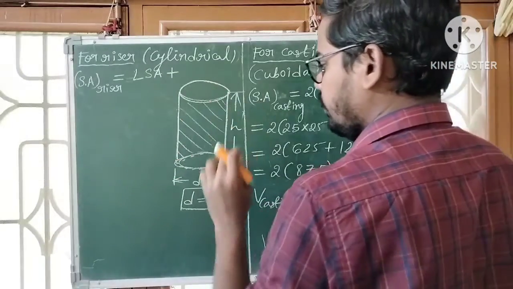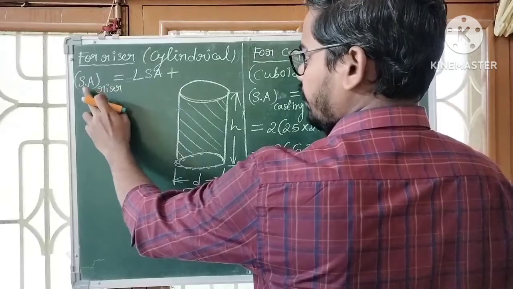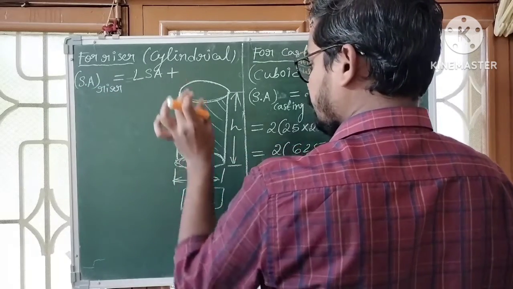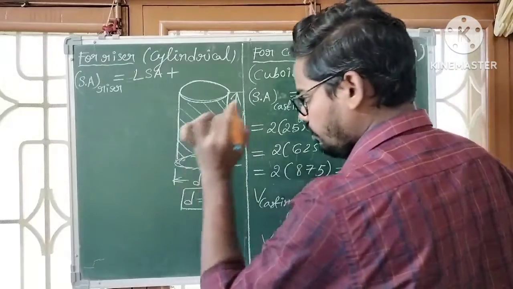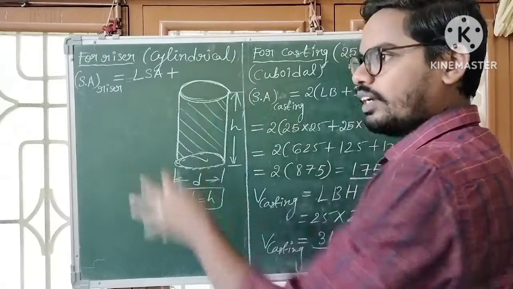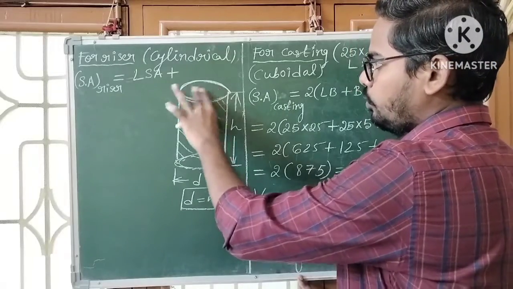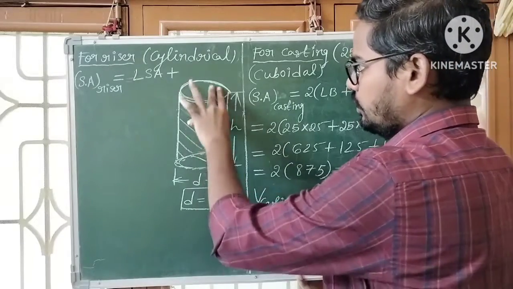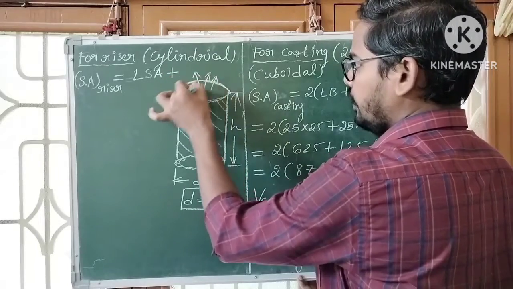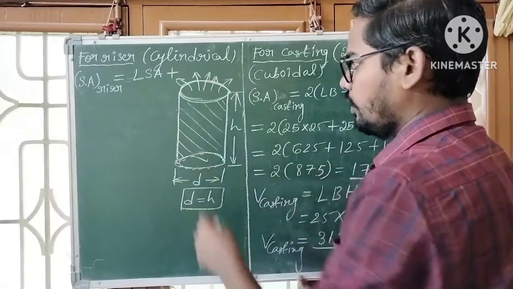While finding surface area of riser, we always consider area of single base only, because one base is open to atmosphere. So this is hollow.